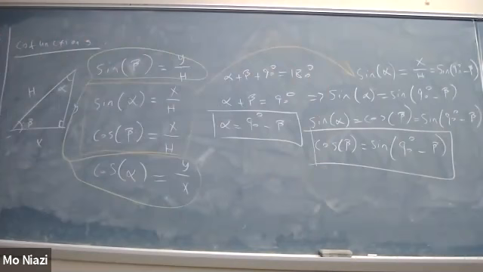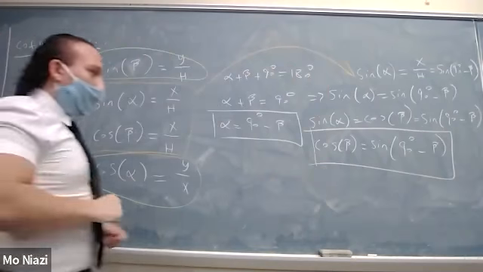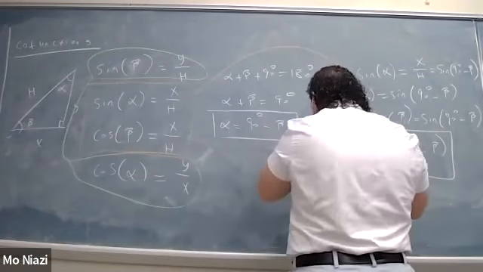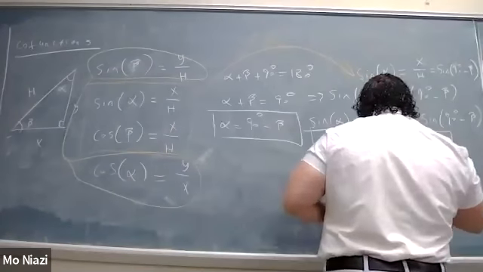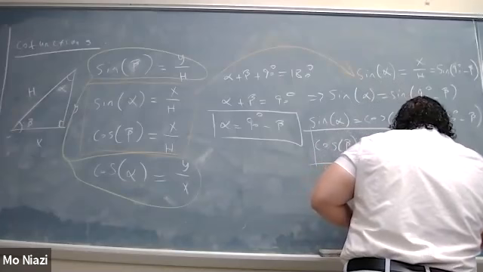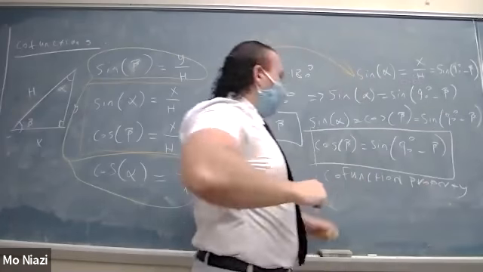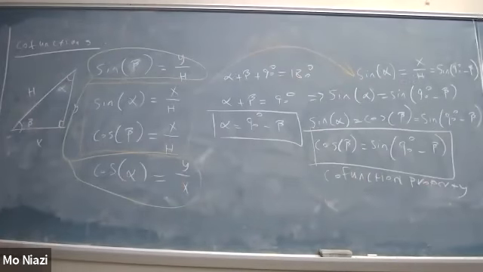This is called a cofunction property. That's precisely why they're called sine and cosine.